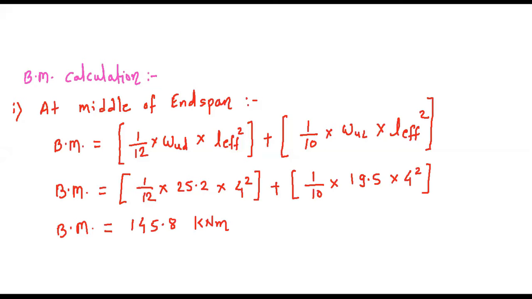L effective span is 6 meter for intermediate spans. End spans are 4 meter. It is given in the problem. Please check the problem. Someone is saying 64.8, then 33.6. Which one is correct?